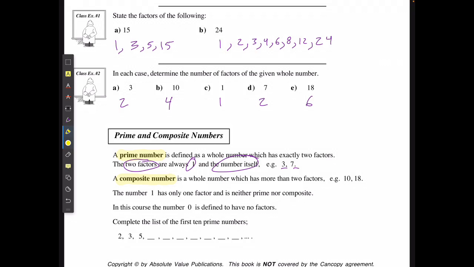For example, when we took a look at the last case, 10 was divisible by 4 numbers, and 18 was divisible by 6 numbers. Those are examples of composite numbers. The number 1 is unique because it only has 1 factor, so it's actually not prime and it's not composite. It's its own category. And the number 0 is considered to have no factors.